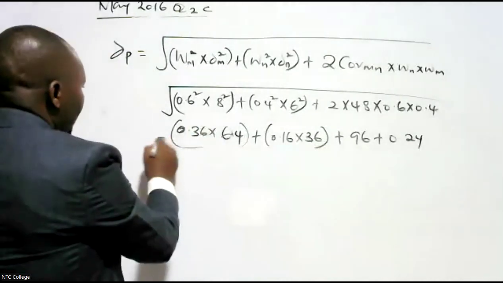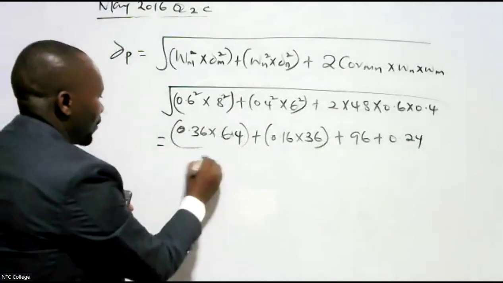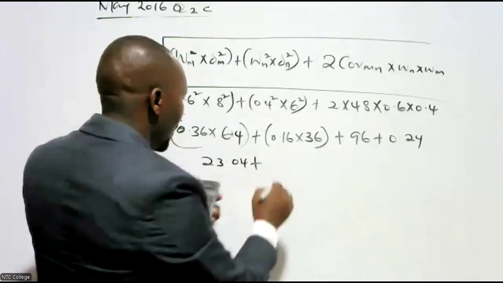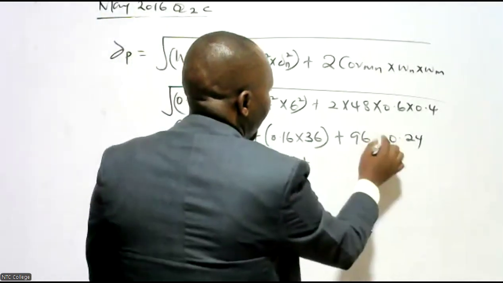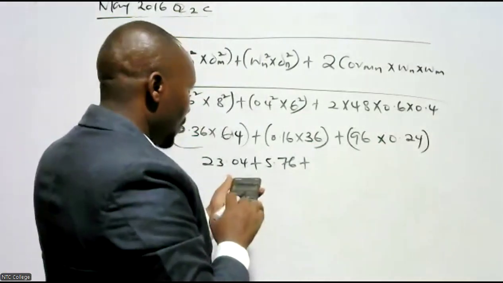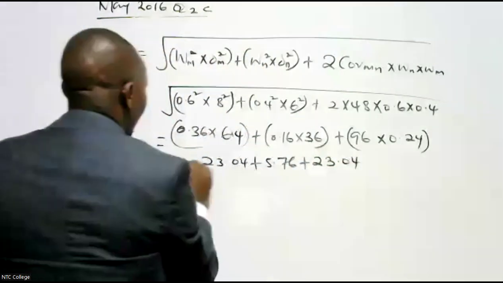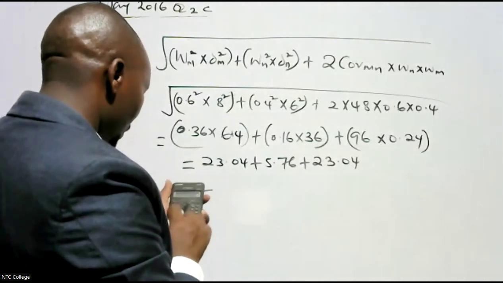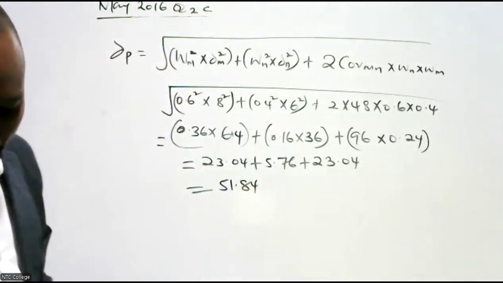So we shall have 0.36 times 64, which is 23.04, plus 0.16 times 36, which is 5.76, plus 96 times 0.24, which is 23.04. So that is 51.84. That is what we are getting, 51.84.